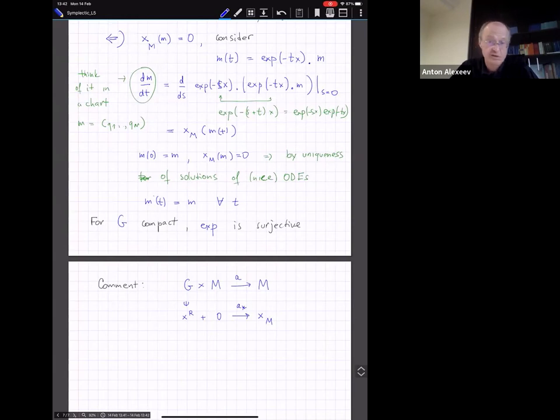This is an easy exercise, and yes, indeed. So you can simply think of XM as a push forward of the right invariant vector field. Remember, we introduced those vector fields parameterized by the elements of the Lie algebra. You can push it forward. You obtain the fundamental vector field on M.